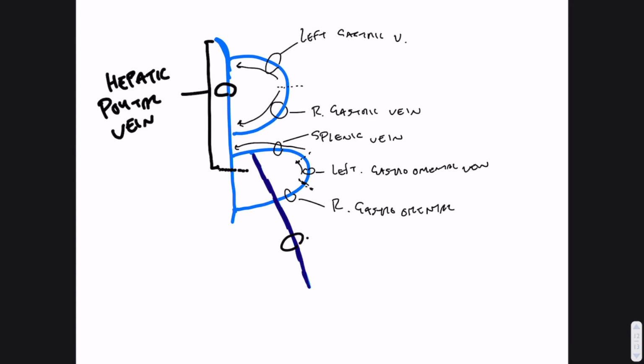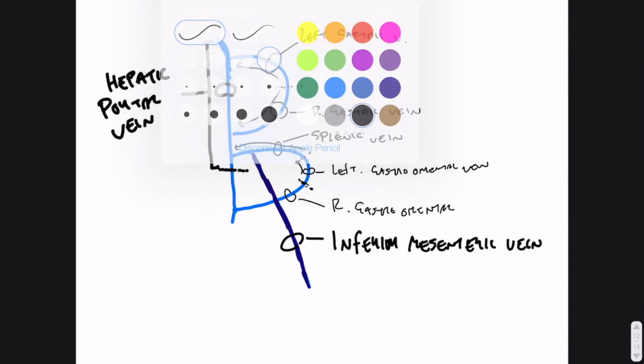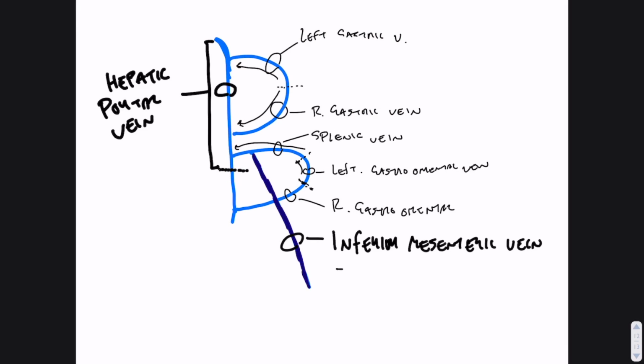This vein here is called the inferior mesenteric vein. So if you can remember, the inferior mesenteric artery supplied blood to the hindgut. The inferior mesenteric drains blood from the hindgut. And it goes up to the splenic vein before it goes into that hepatic portal vein.